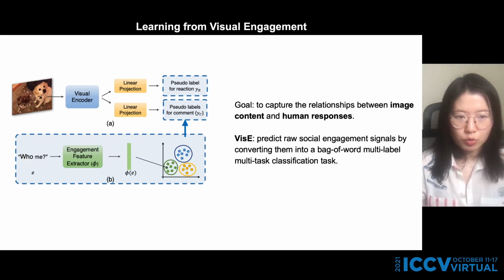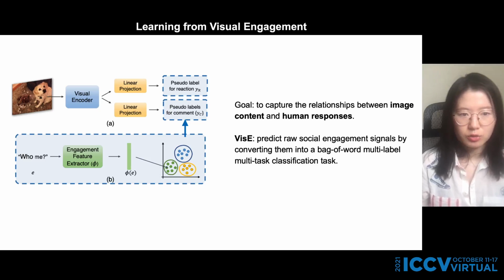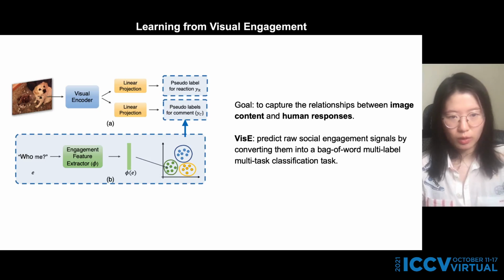We propose to predict raw social engagement signals by converting them into a bag-of-word, multi-label, multitask classification task. The figure on the left illustrates the pipeline we use in this work.